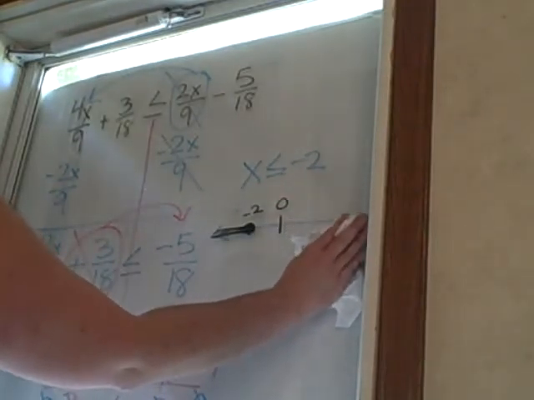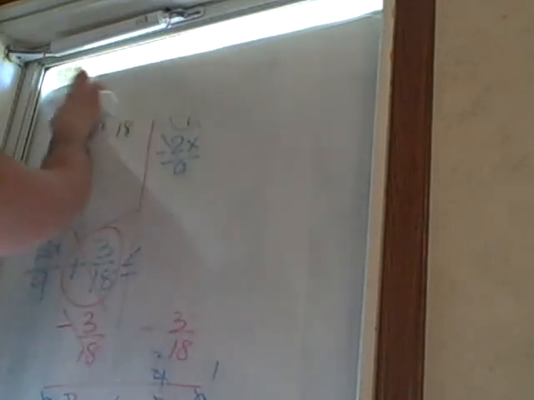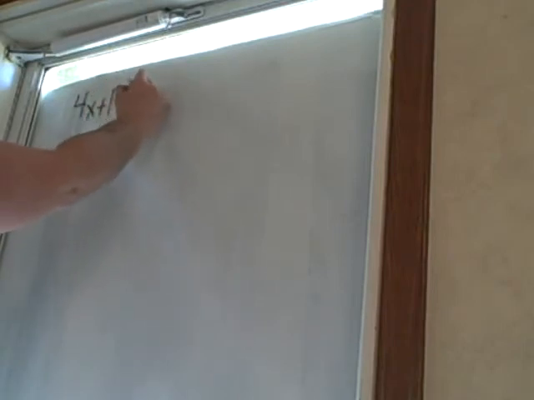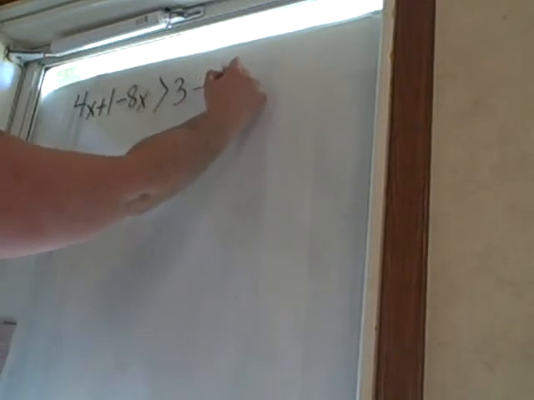Let's look at our next example. 4x plus 1 minus 8x is greater than 3 minus 2x plus 4.